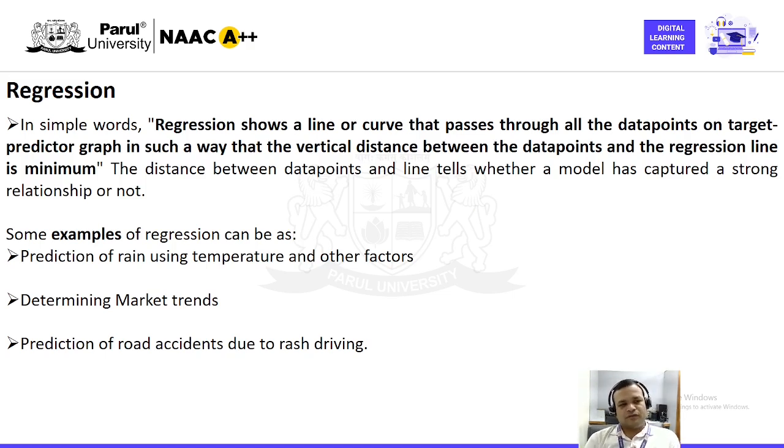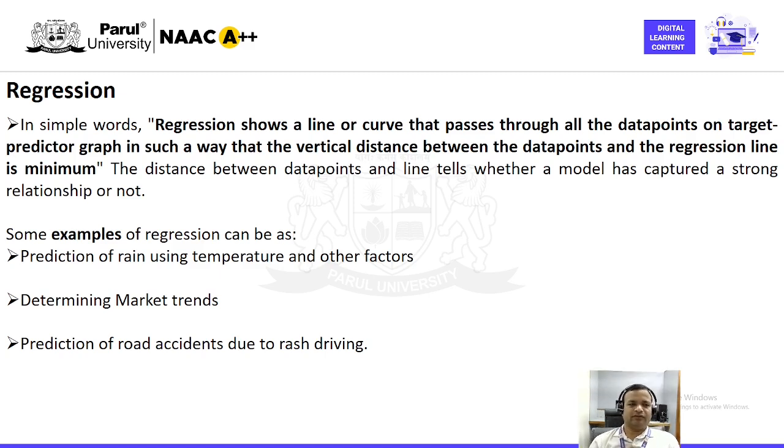In simple words, regression shows a line or curve that passes through the data points on the target predictor graph in such a way that the vertical distance between the data points and the regression line is minimum.